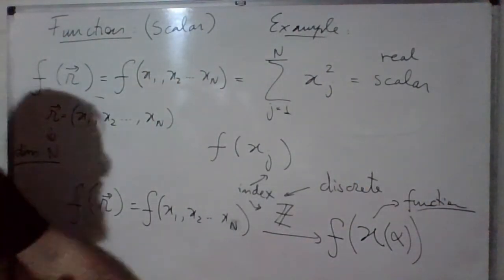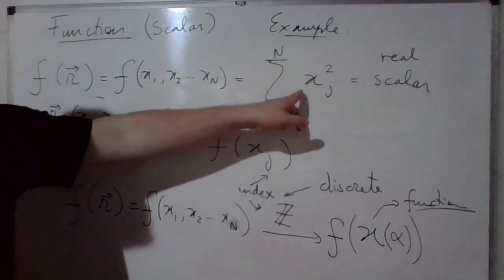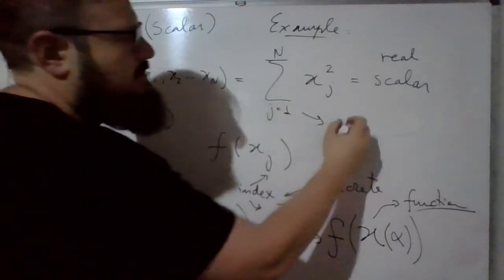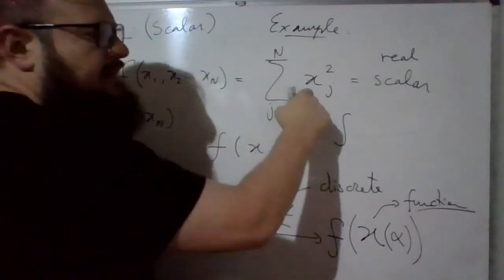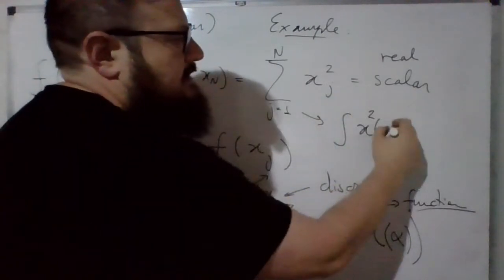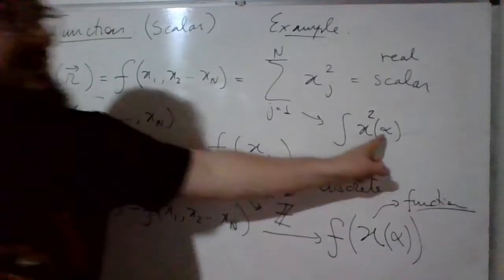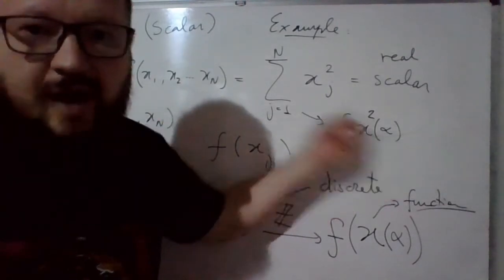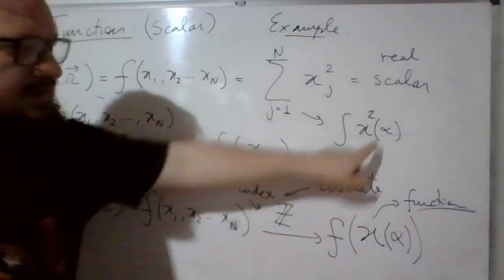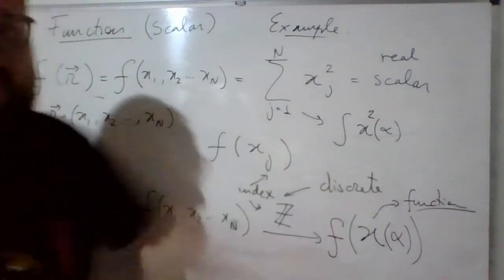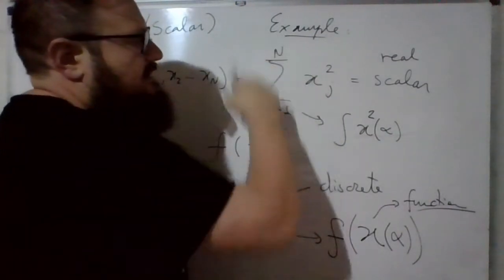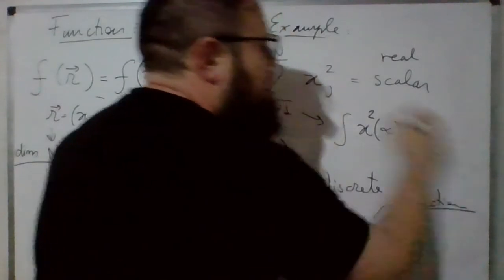But now, if we take these steps, the summation becomes an integral. And this parameter, x squared, becomes a function of the index alpha. Otherwise, it would be a discrete index, but now it's a continuous parameter, and in replacement of the summation, you need to integrate.